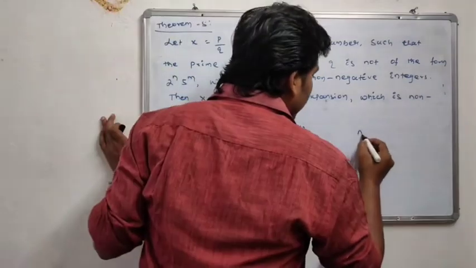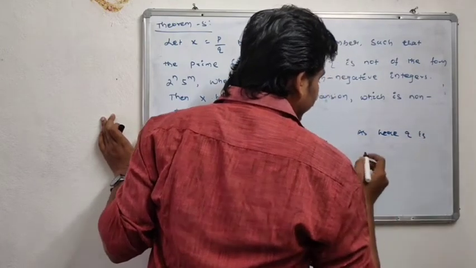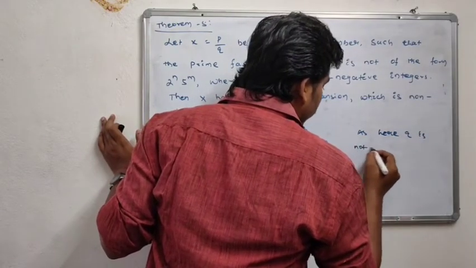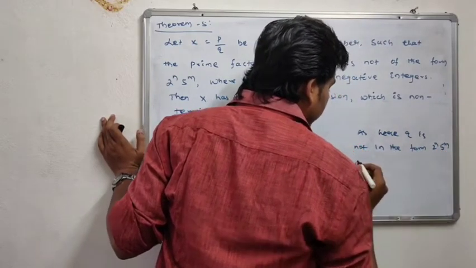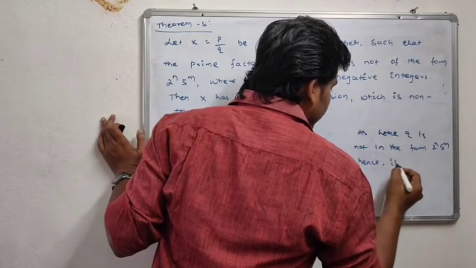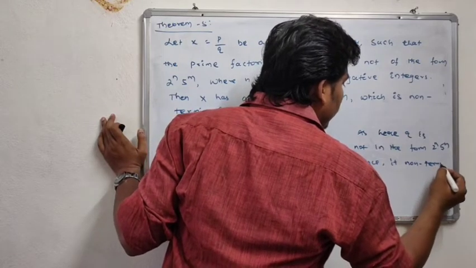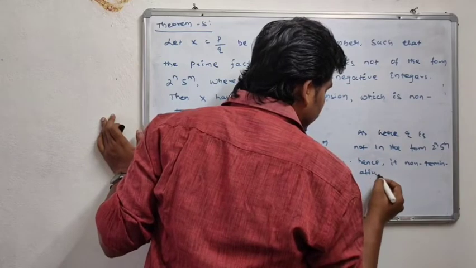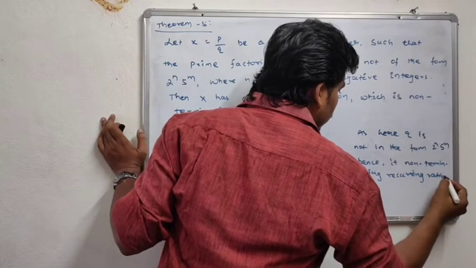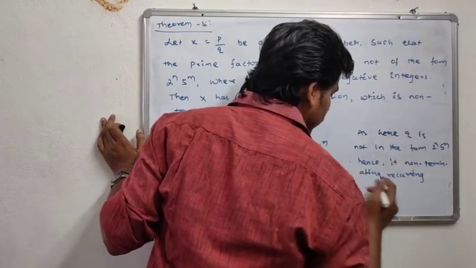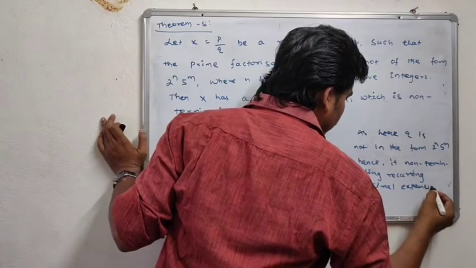As q is not in the form 2 power n into 5 power m, hence it is a non-terminating recurring rational number, or decimal expansion. Hence it is also a rational number.